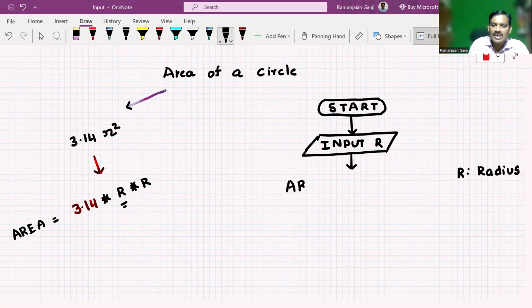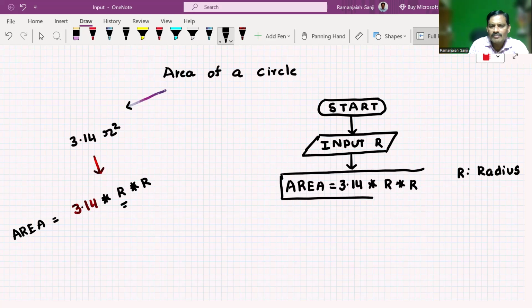What is the formula for area? Area is equal to 3.14 into R into R. I told you, computer may not evaluate complete information at a time.